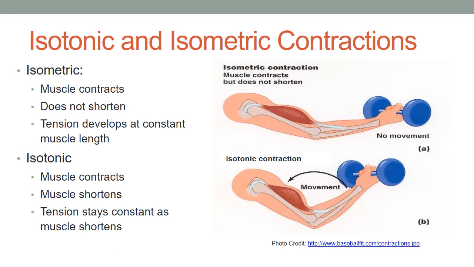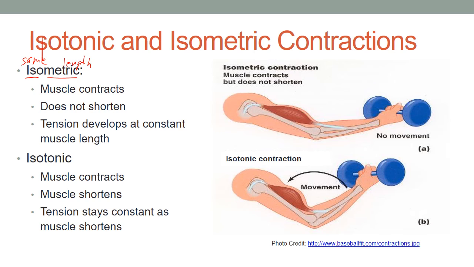Okay, one last word on how we use our muscles at the macro-physiology level. There are 2 ways to build up strength in a whole muscle. One is called isometric. Iso means the same, and metric means length.